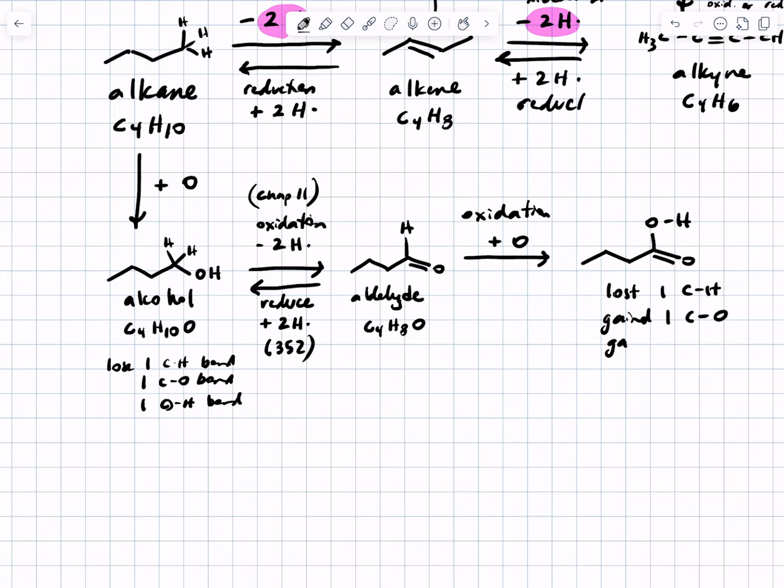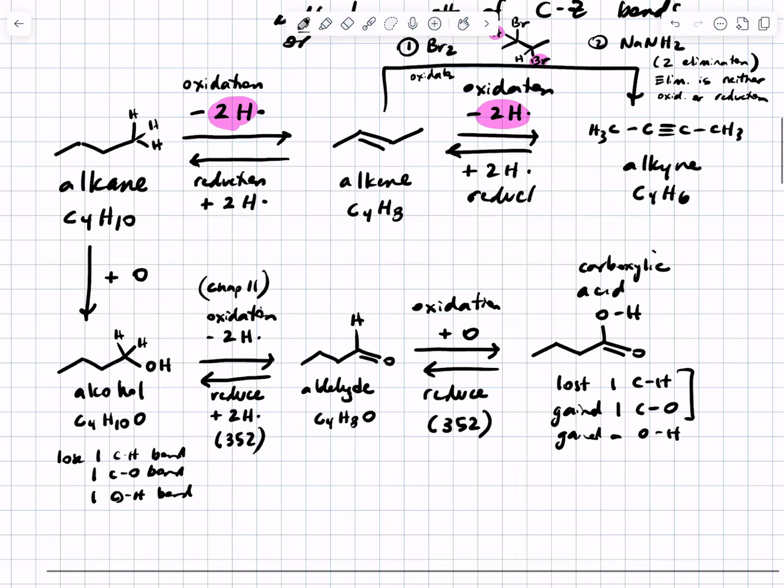We also have gained an OH bond, but these are the two that allow us to tell that it's been an oxidation reaction. We will again learn in 352 how to reduce a carboxylic acid to an aldehyde, but we won't learn that in chapter 11.